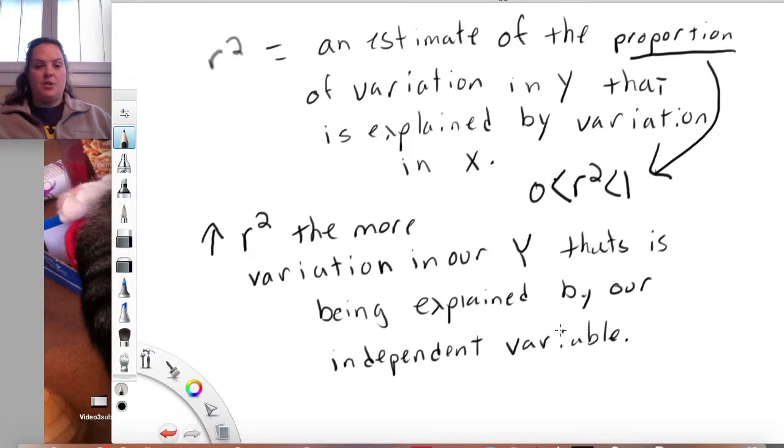All right, so the higher the r-squared value means the more variation in our y that is being explained by our x, or our independent variable.